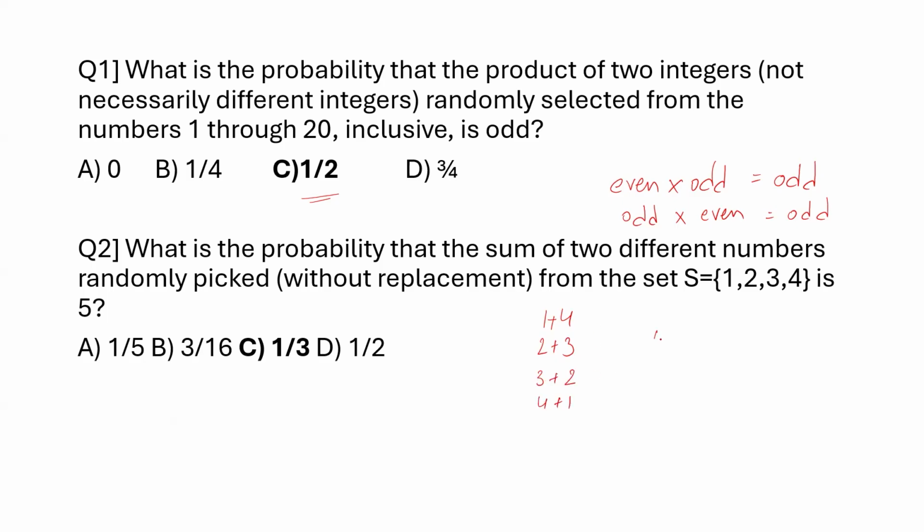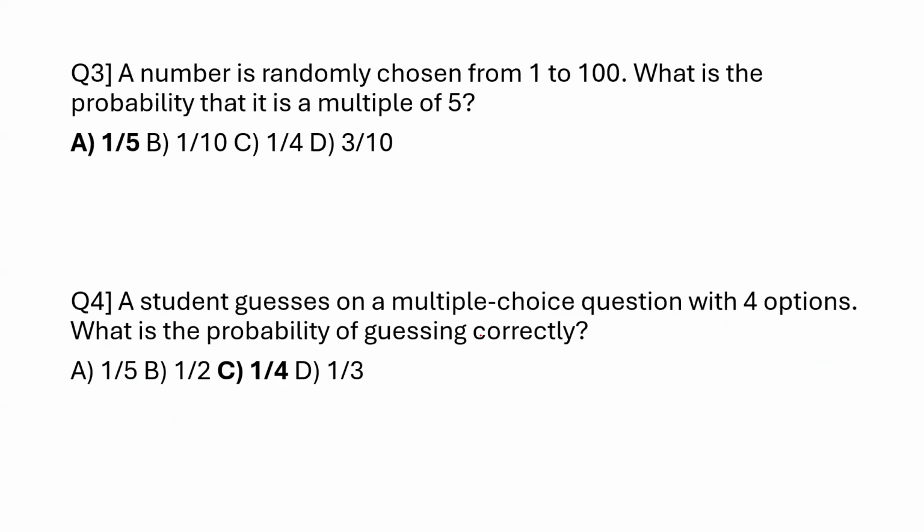So total 4 possibilities. And then how many possibilities are there to add them? It is 4 into 3, because you are not replacing it. So this will give you 4 by 12, that is 1 by 3. So you just have to count, right? Without replacement. We have already done a similar kind of problem.